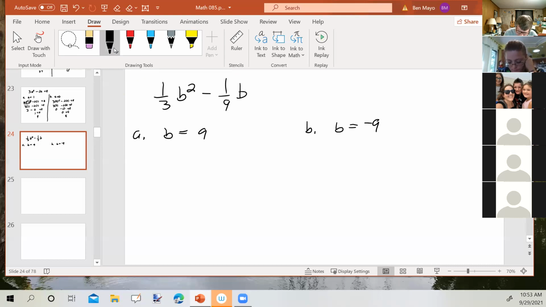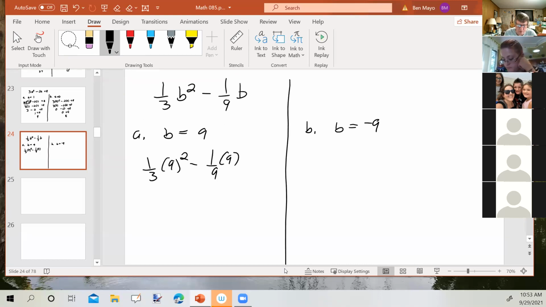If b is 9, we get 1/3 times the quantity 9 squared minus 1/9 times 9. Order of operations, we do the exponent first. So this becomes 1/3 times 81, 9 squared, 81, minus 1/9 times 9. I can come in and reduce this. 81 over 3 is 27 over 1, which then just becomes 27.